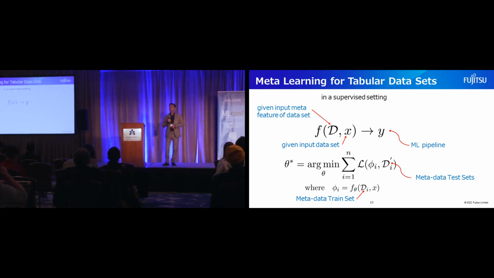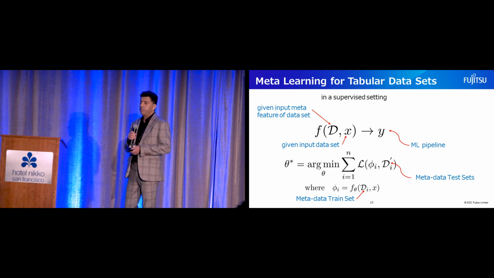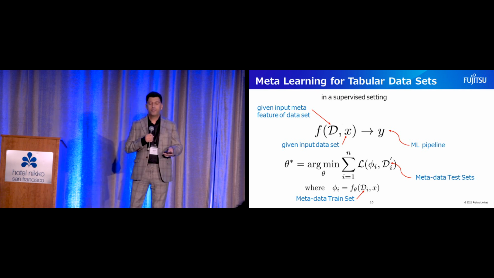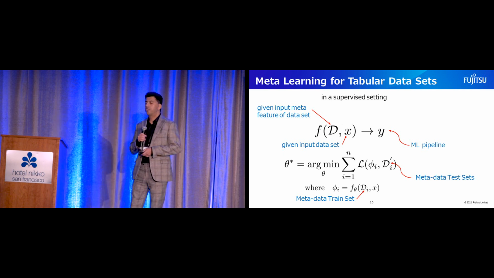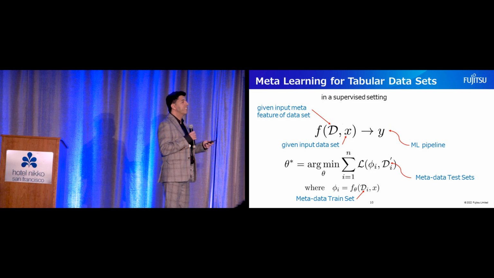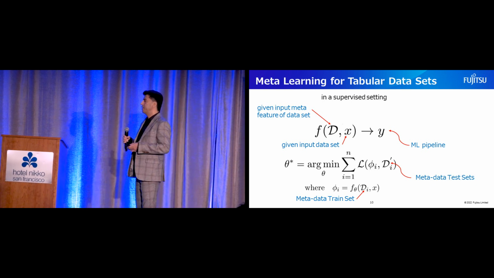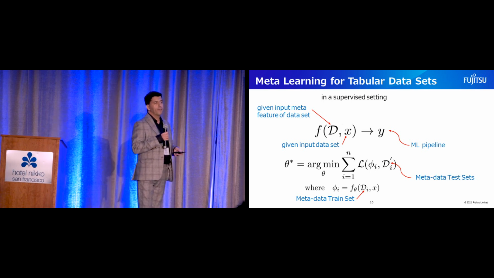So how should we deal with that? This is our proposed approach. In a supervised setting, we look at a function that takes one input, a given input data set, and generates machine learning pipelines. To look at the data set further, we look at the metadata of the data set. Later, I will explain an example of what the metadata of a data set looks like. So we look at D as the given input, the meta features of the data set.